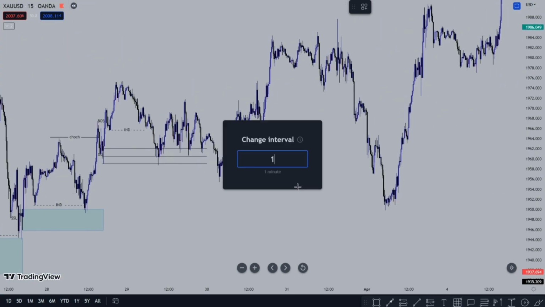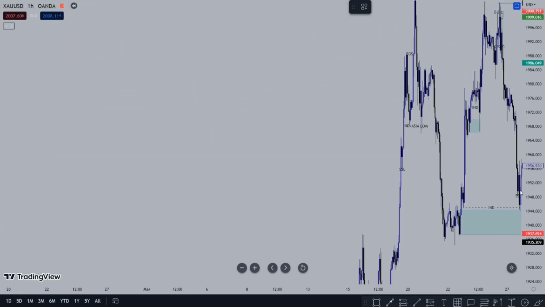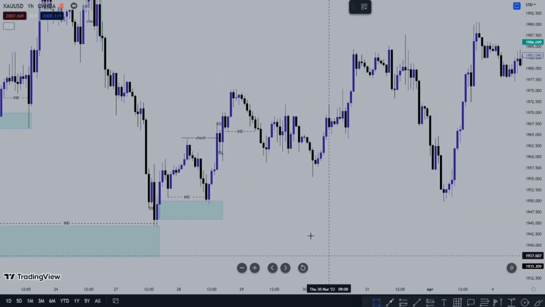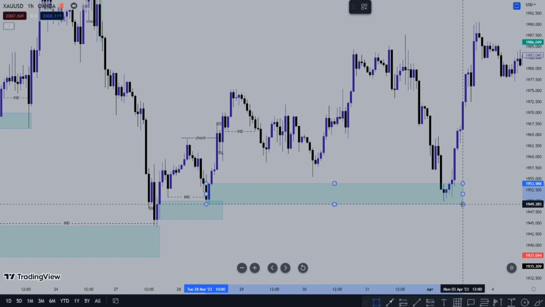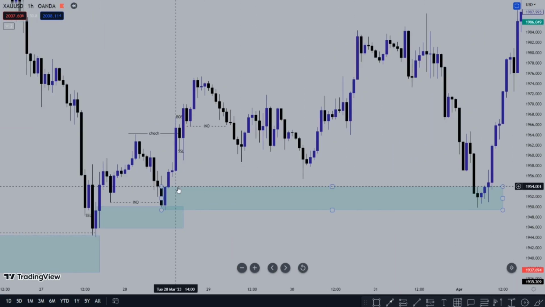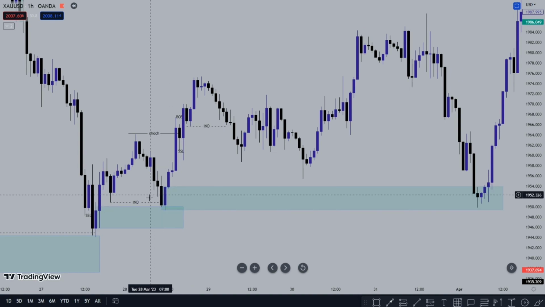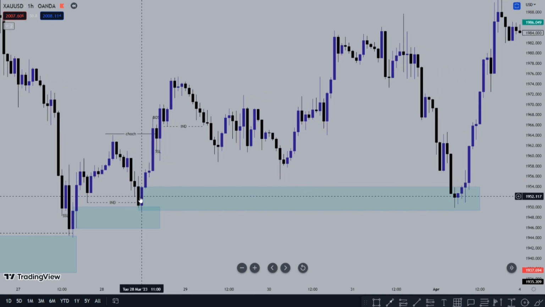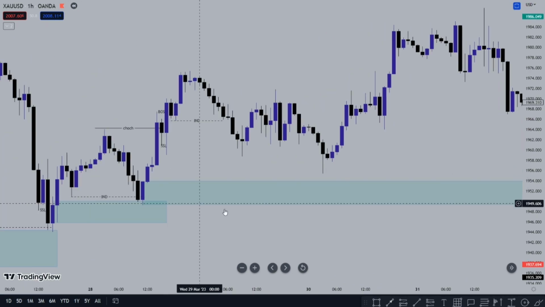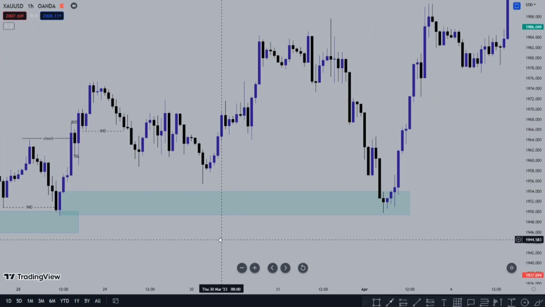So the next zone I shared with my guys on Discord is a demand area here. As demand area, we always mark the last bearish candle, but this last bearish candle is mitigated. This full candle body is covered, so we can place our zone on the second candle, which is not mitigated, as you can see.